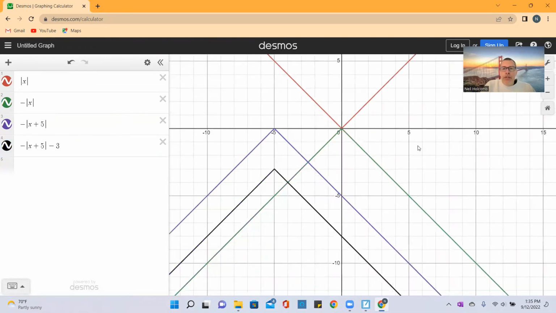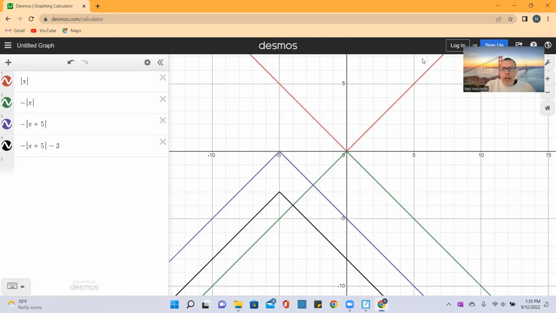So this might get a little confusing to you. The red one is the parent. Reflected across, that's just simply the minus sign, reflects it. The plus 5 inside the absolute value bracket moves it left 5, and the minus 3 outside the absolute value bracket shifts it down 3.